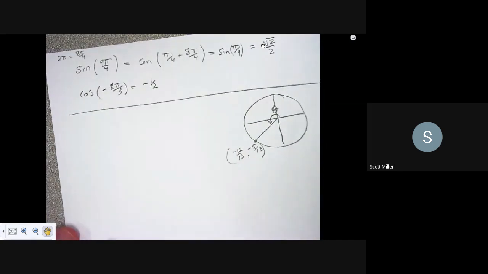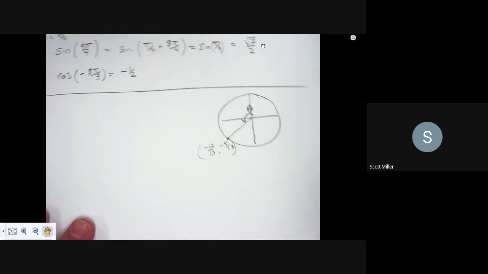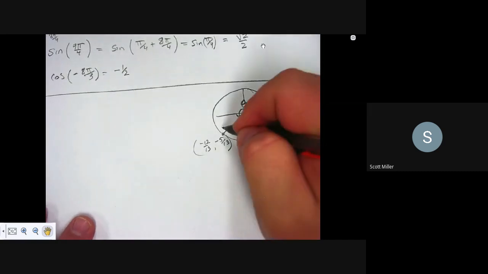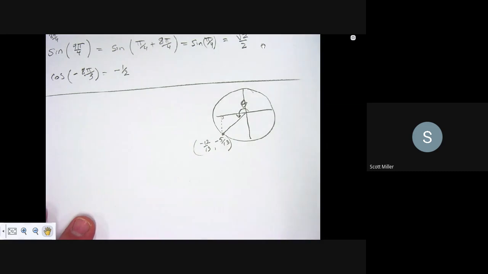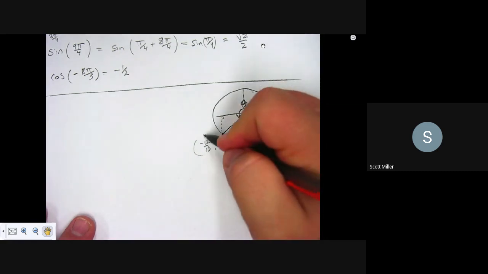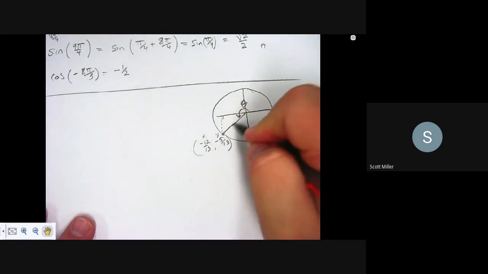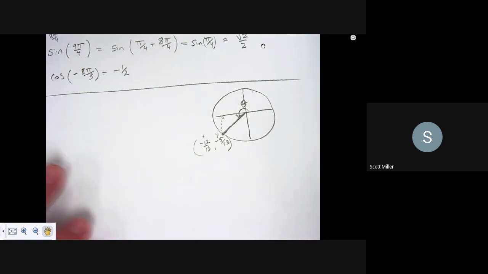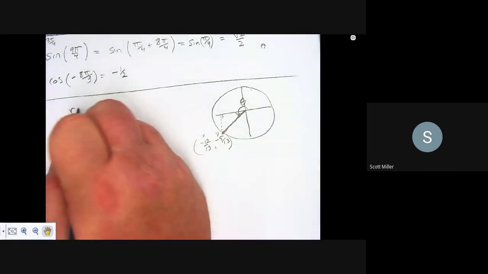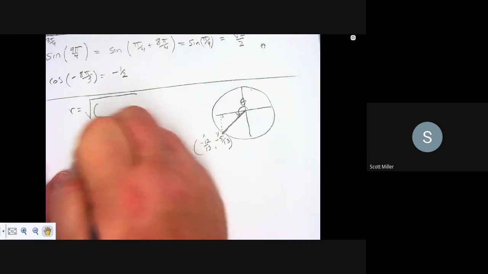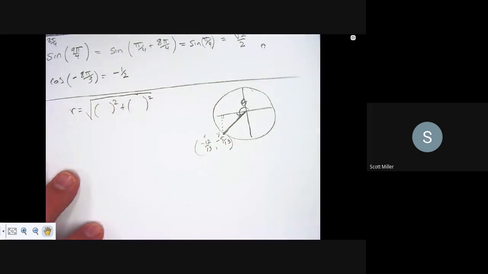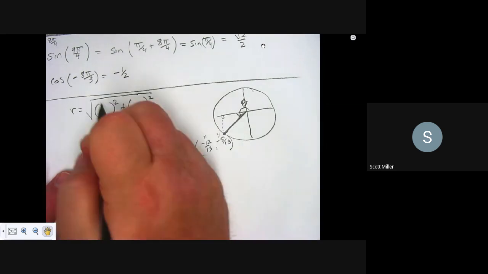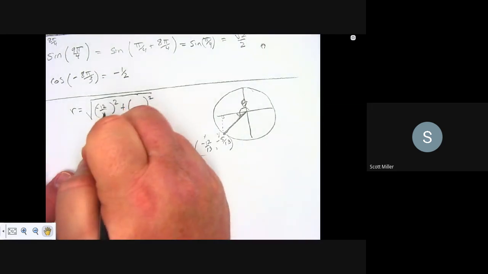Okay, so what was the process we're going to follow? I want to make the right triangle to the x-axis. This is the x, this is the y. We need to find r. So the first step is to find r. By the Pythagorean theorem, r is the square root of x squared plus y squared. X is a negative 12 over 13.